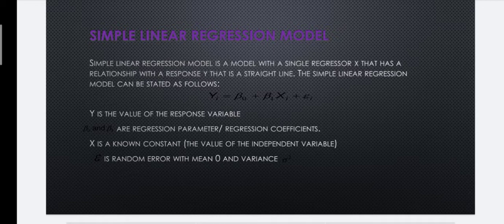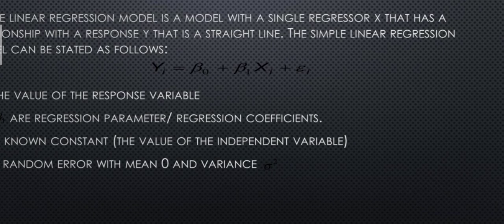Okay, so if X dengan Y, dia punya relationship are linear, so in the scatter plot you akan dapat straight line. So the simple linear regression model can be stated as follows. So this is the regression equation of the simple linear regression.